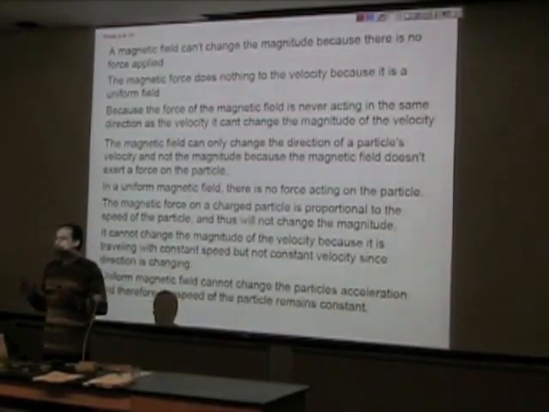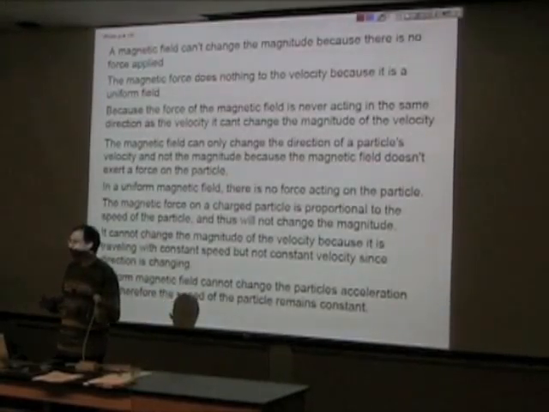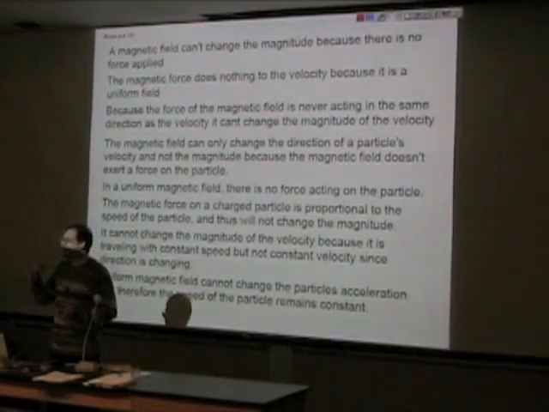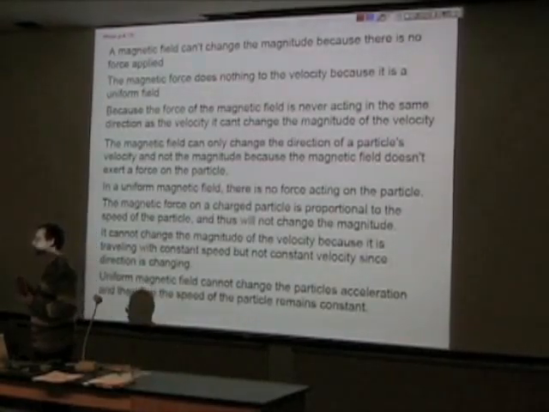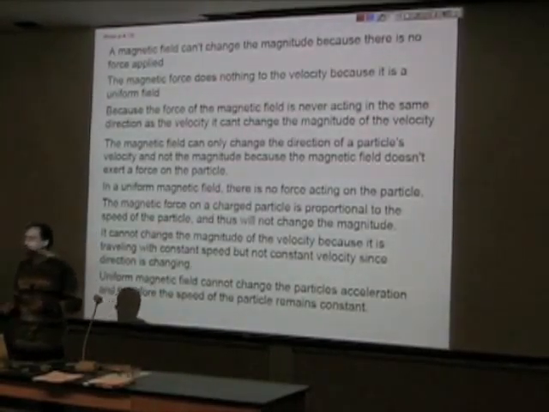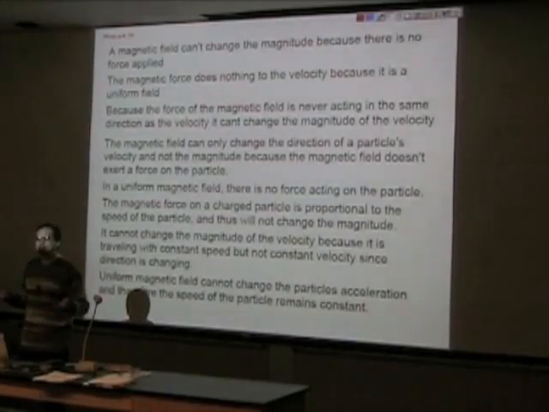The magnetic field doesn't do any work, because if you look at the right-hand rule, force is perpendicular to velocity always. It's just how it works. And when we calculate work, we have to multiply by the cosine of 90 degrees. In that situation, cosine of 90 is 0. That's it. Work is 0.